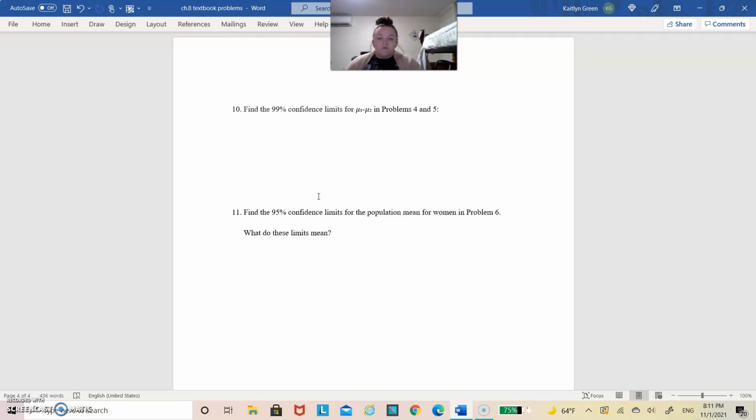What this would mean is that with 95% confidence, the true mean salary for the women in the company falls somewhere between 28.24 and 30.62 thousands of dollars. So this has been part 2 of my Chapter 8 textbook problems.